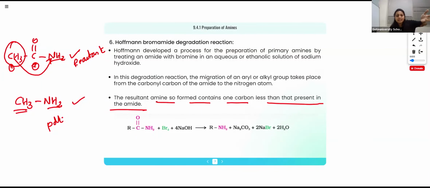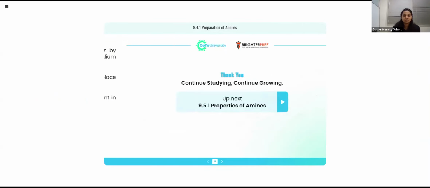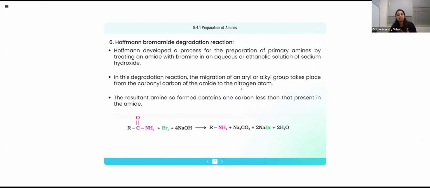Because the carbonyl group is removed, and this alkyl group is migrating. That's why the product has one carbon less. So this is the Hofmann bromamide reaction. Both the reactions, Gabriel phthalimide synthesis and Hofmann reaction, we use mainly for the preparation of primary amines.